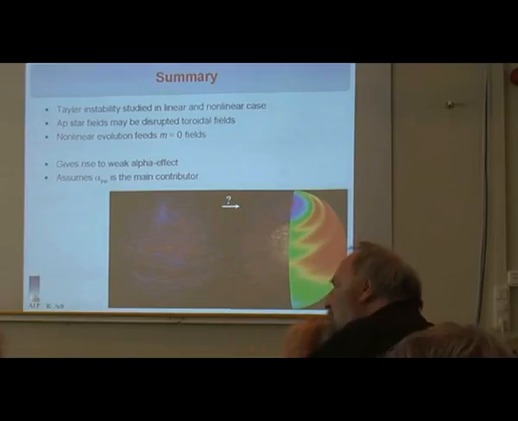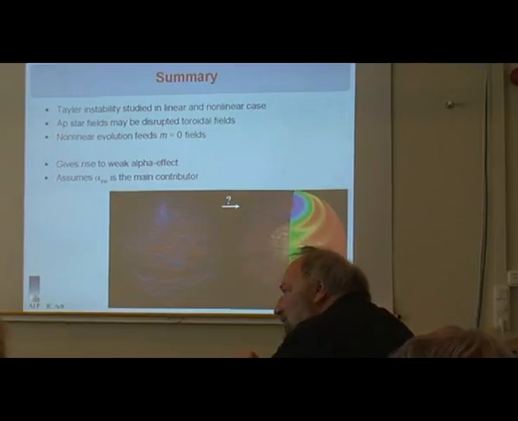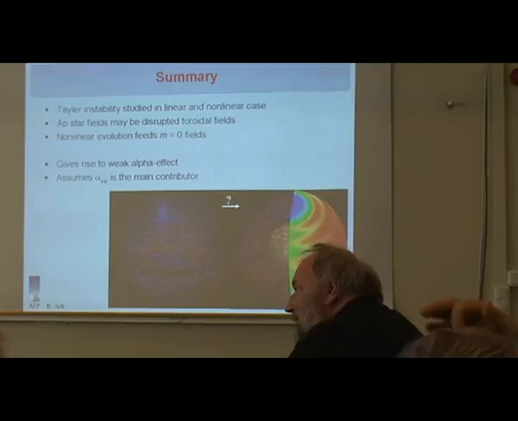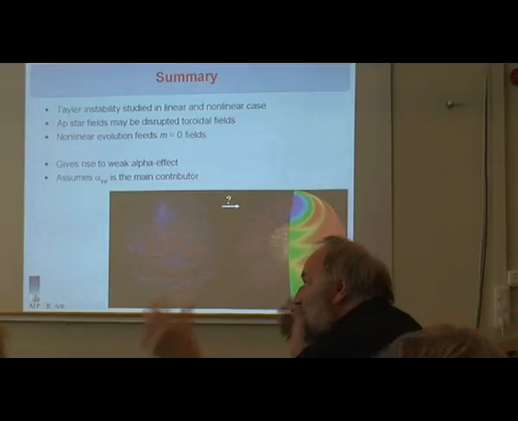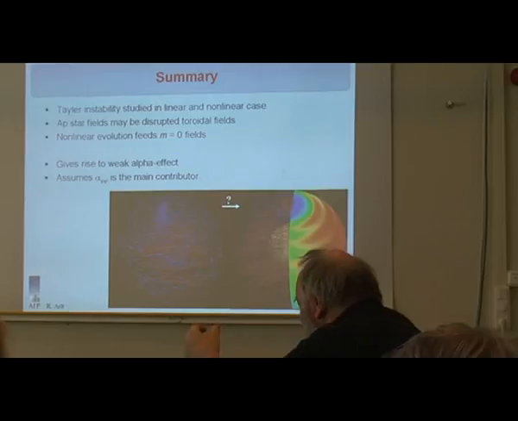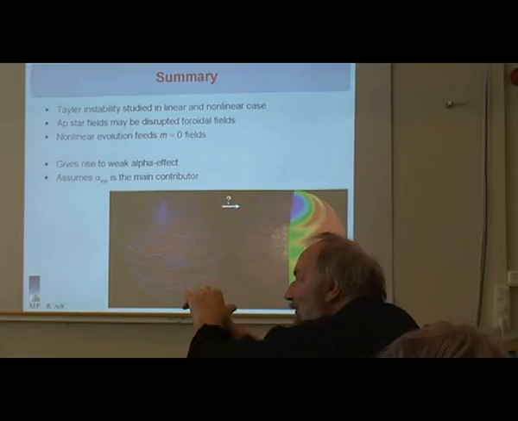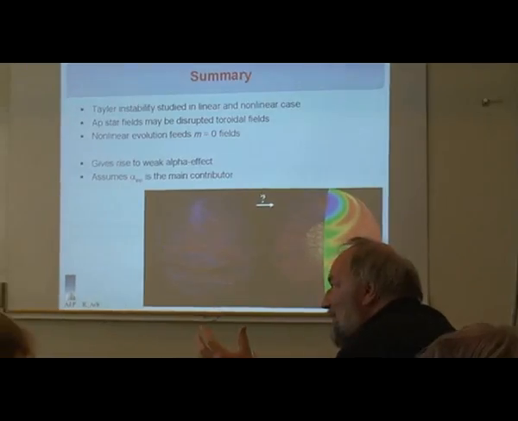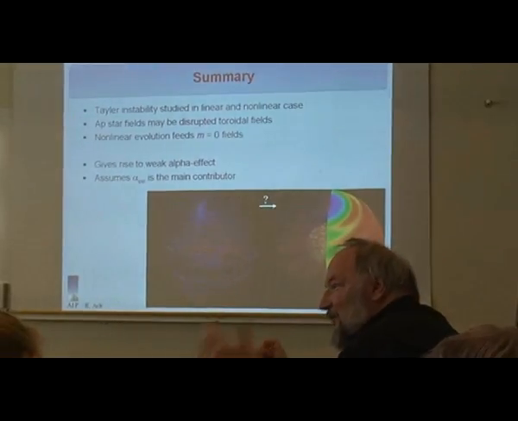The problem is complicated as it is a current instability. For example, in the quadrupolar field geometry, the current system is quite different from a dipole. So in the calculation we get strong differences of this instability for quadrupole field geometries, where the maximum of the magnetic field is at the equator.